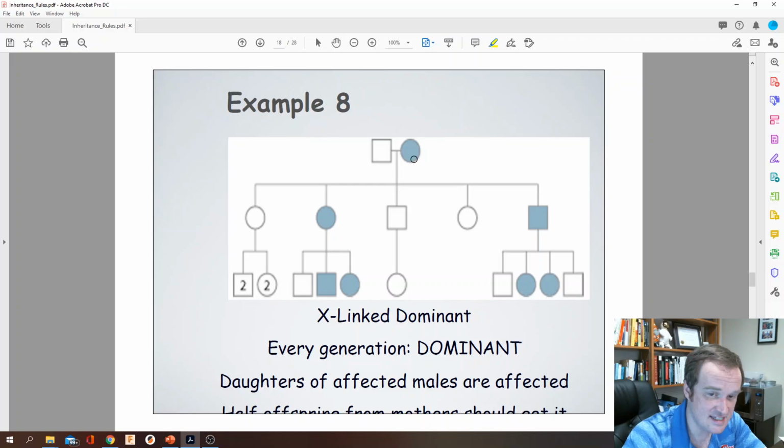And in this case, we have a female that had it to start with. So 50% of her daughters, or roughly, see, we only have 3, so we can't really have 50%, but 1 out of 3 should have it. And in this female, 50% of her daughters should have it, but there's only 1.